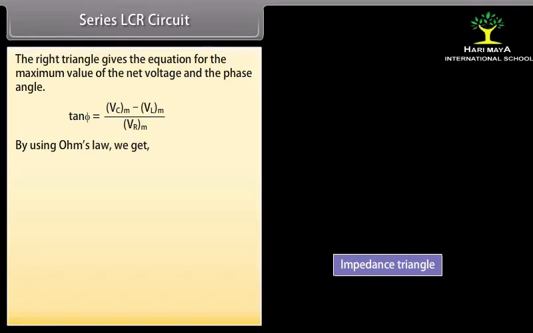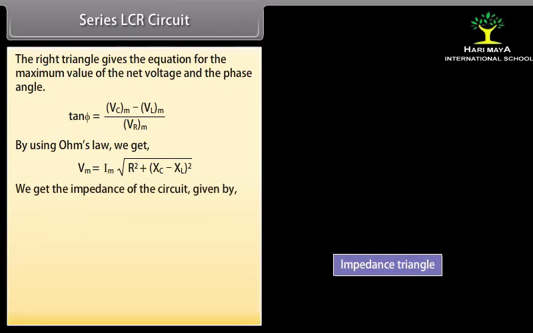By using Ohm's law, we get Vm = Im multiplied by square root of (R squared plus (XC minus XL) squared). We get the impedance of the circuit given by Z = square root of (R squared plus (XC minus XL) squared).